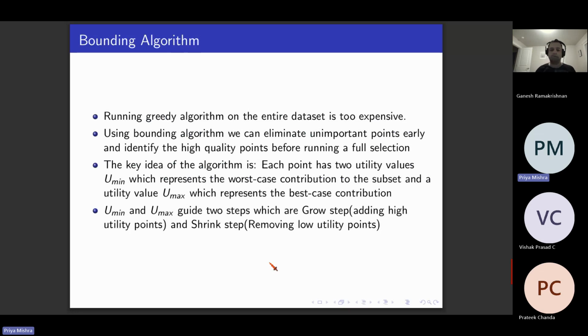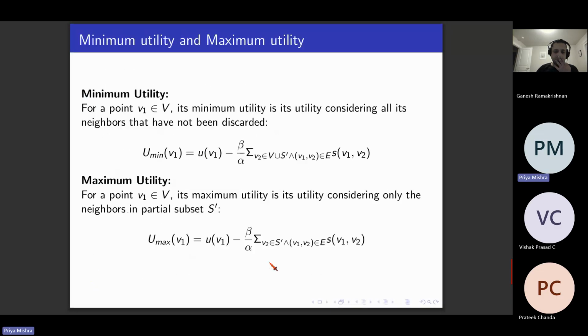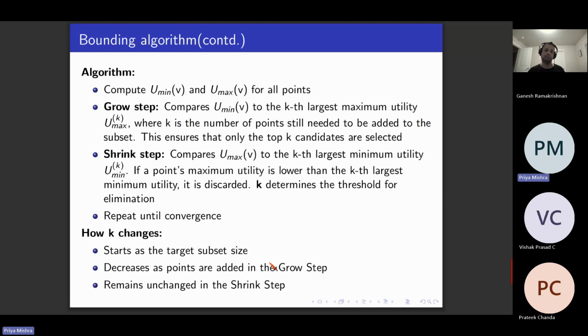We calculate this for all the points using these formulas. Minimum utility is calculated over the neighborhood set and also the subset which we are trying to form. For maximum utility, we only have to check the subset which we have to find.